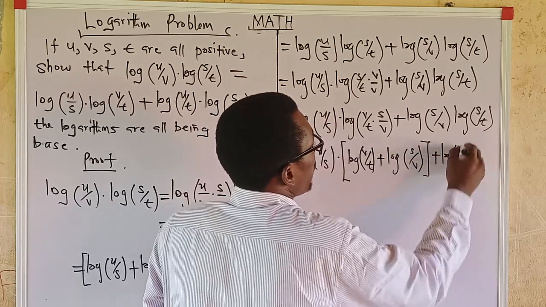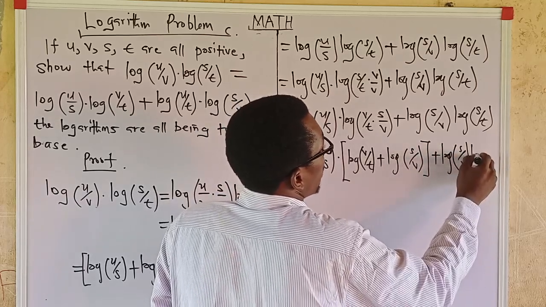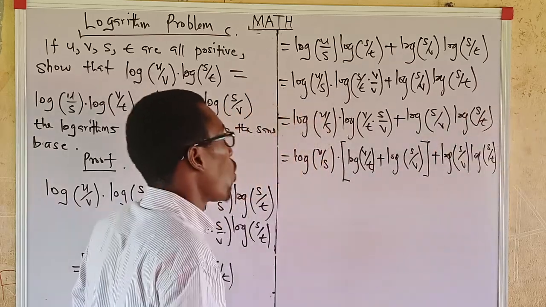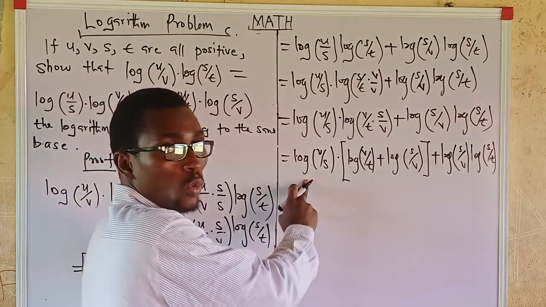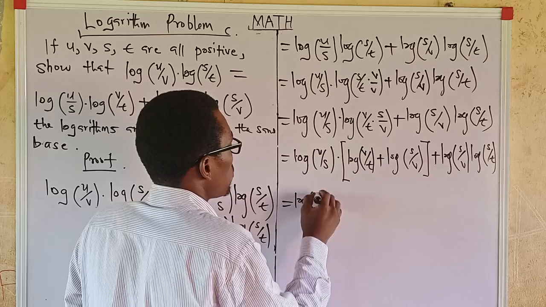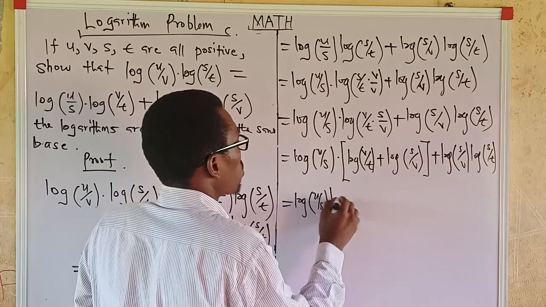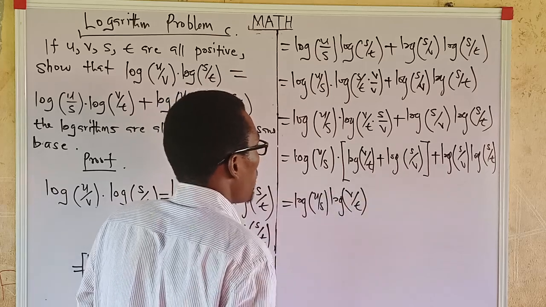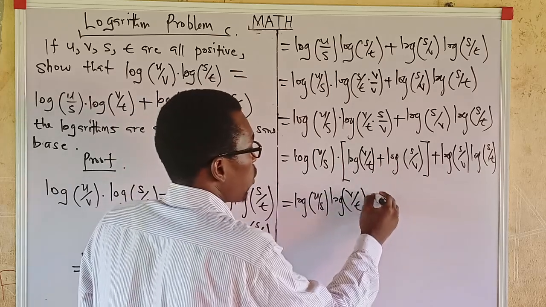Then log to an arbitrary base of S over V multiplied by log to an arbitrary base of S over T. That is, you write everything again. So now we can expand again. When we expand again, we have log to an arbitrary base of U over S multiplied by log to an arbitrary base of V over T, which is our desire. Now, look here. Okay, let me finish the expansion first. I will not confuse you.